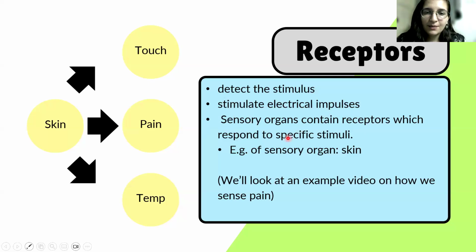One example of a sensory organ that contains a lot of these receptors is the skin. Your tongue also, the five senses. And examples of stimulus or stimuli are these. These are just a few, there are more than these.